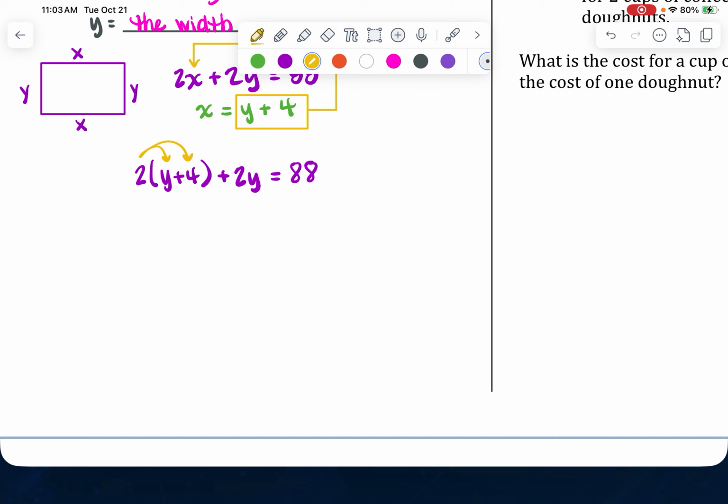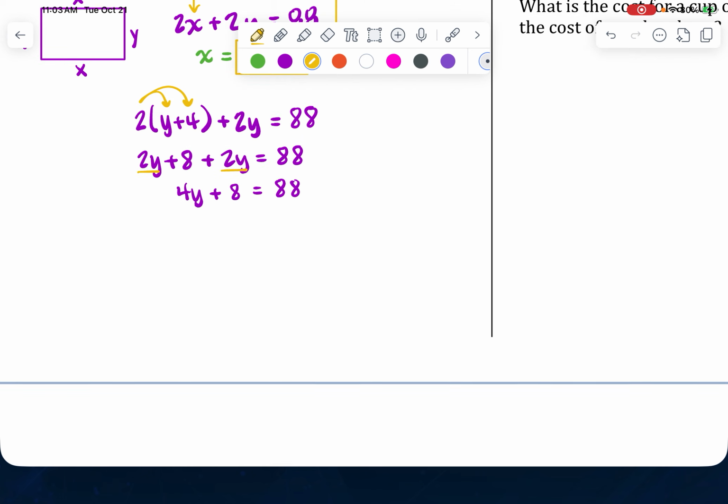I'm going to distribute the 2. That gives us 2y plus 8. Now we add like terms. 2y's and 2y's give me 4y's. Now we have a basic two-step equation, so we need to start moving everything to the other side to solve for y. So we're going to subtract our 8. So 4y equals 80. Divide off the 4 multiplier, and we should be getting y equals 20.